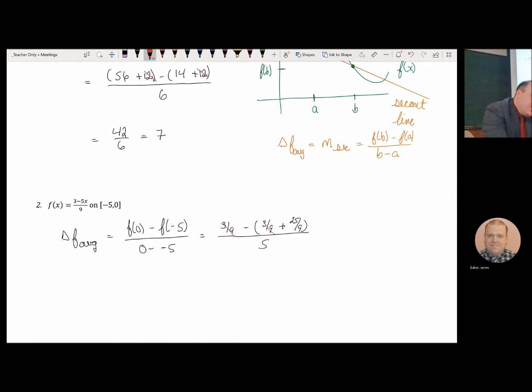Again, the reason to do that: look at that, 3/9 minus 3/9. The numerator is left with -25 over 9. Then all that's over 5. That's the same thing as -25/9 times 1/5, isn't it?